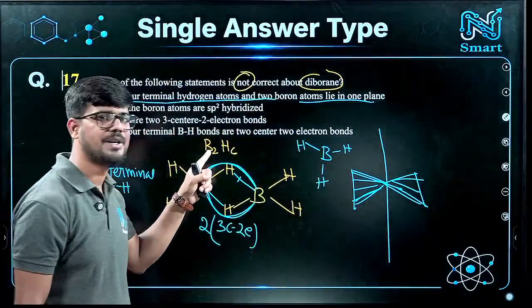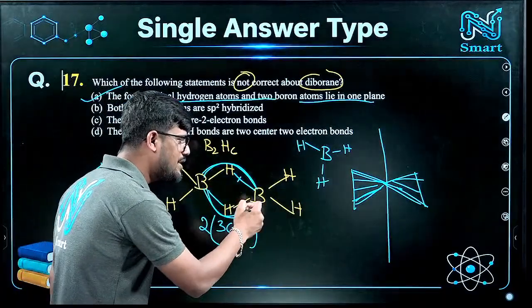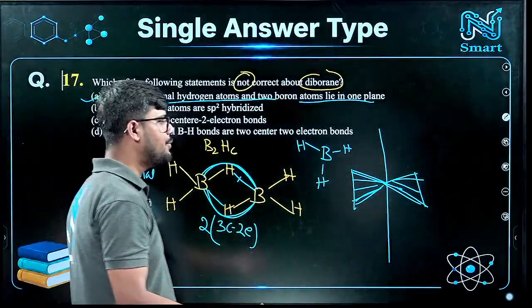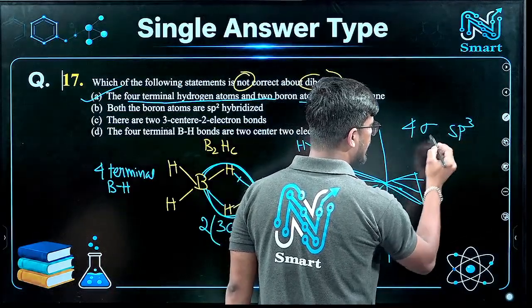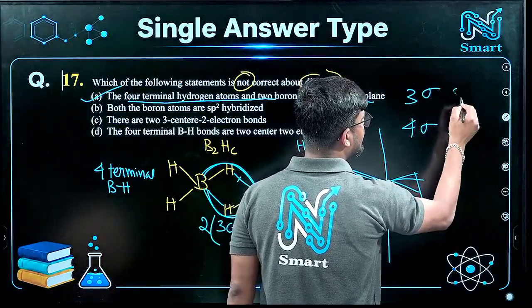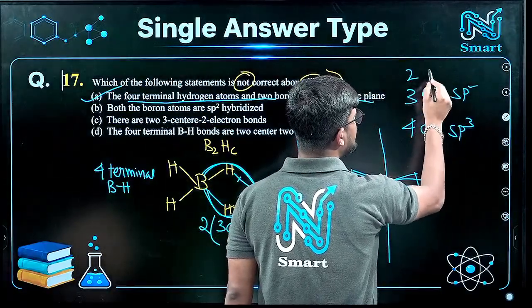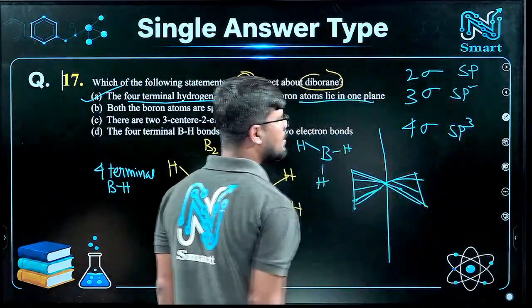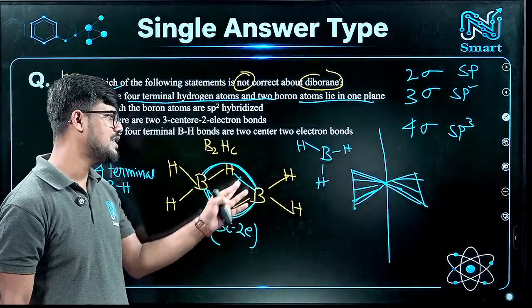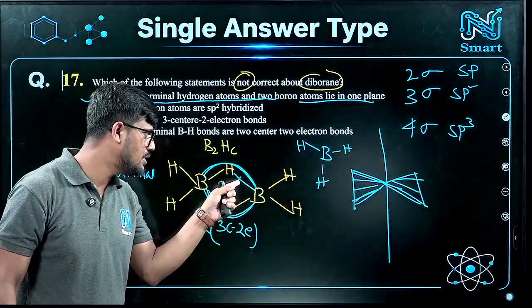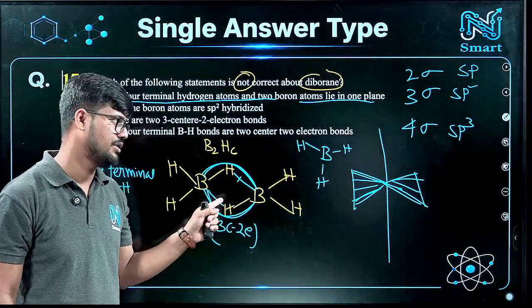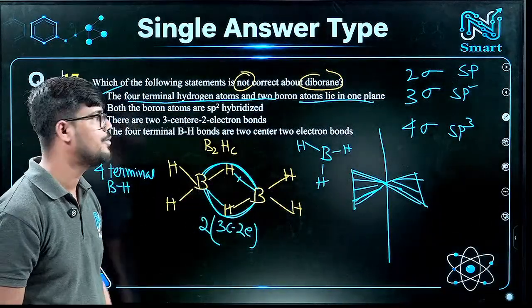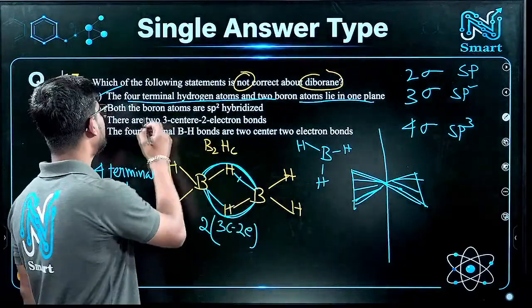But if you consider B2H6, there each boron is having 4 bonds. And already we know, if we have 4 bonds, 4 sigma means sp3, 3 sigma means sp2, 2 sigma means sp. So this thing we already know. So each boron is having 4 bonds. Although this bond is not a traditional bond, we still have to consider it a bond. So each boron is having 4 bonds, that means sp3.